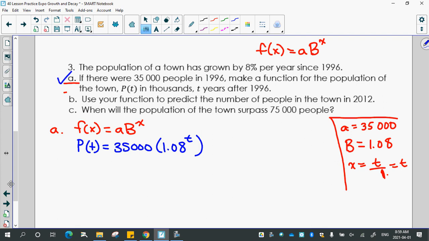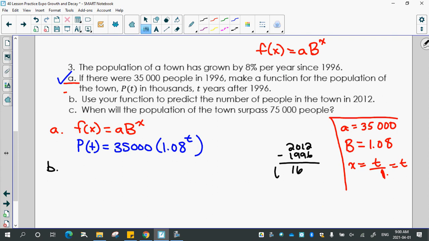B, use your function to predict the number of people in the town in 2012. Okay, so T is since 1996. So if I do 2012 minus 1996, that gives me how many years? 16 years.